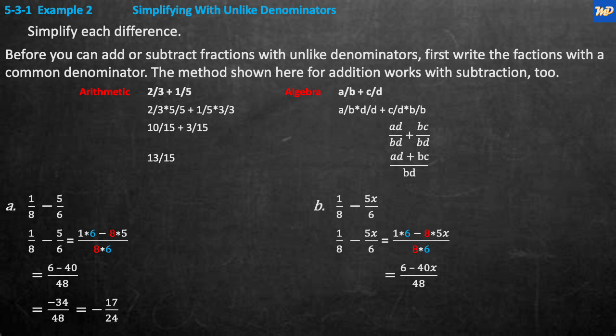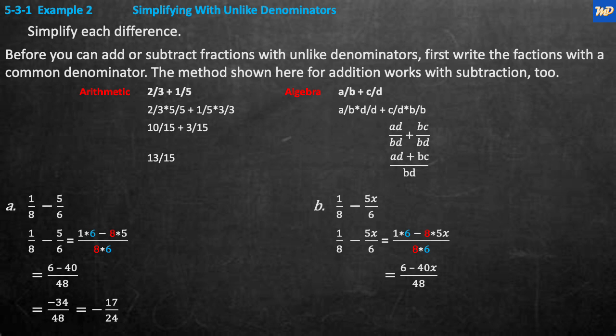Because what it's saying here is if you take the fraction a divided by b plus the fraction c divided by d, see, two different denominators. In order to resolve this, you're going to multiply the first fraction, a over b, the numerator and the denominator, each by the denominator of the other fraction, the d from c over d.